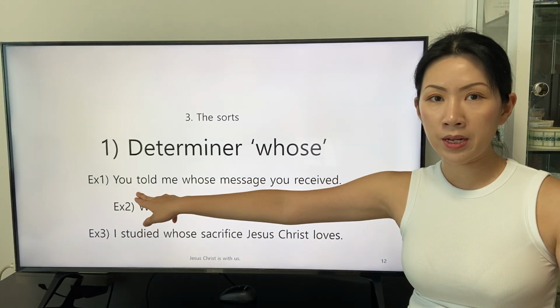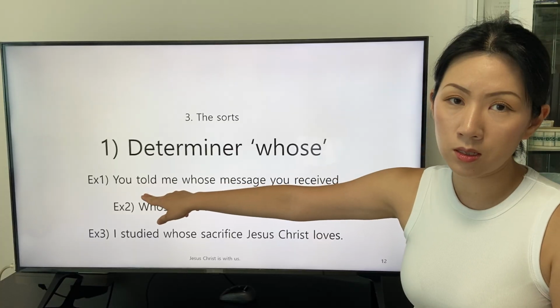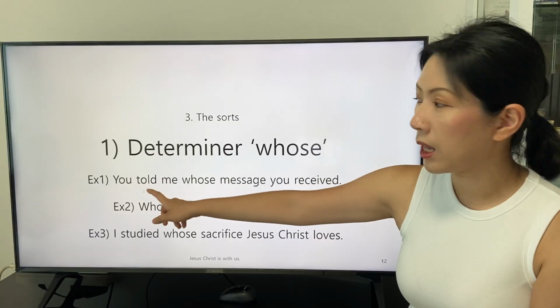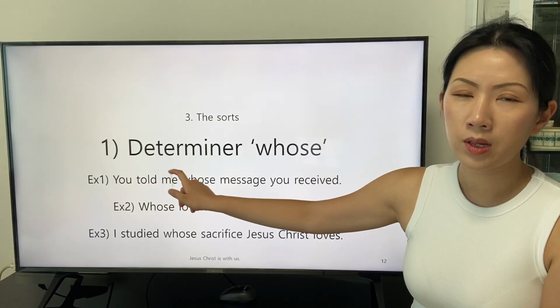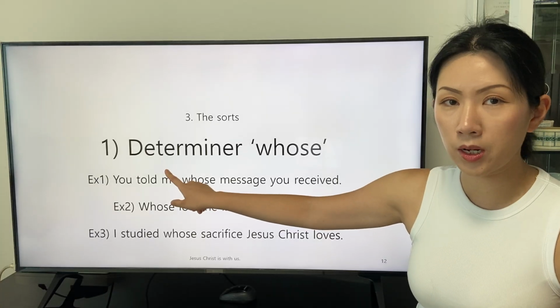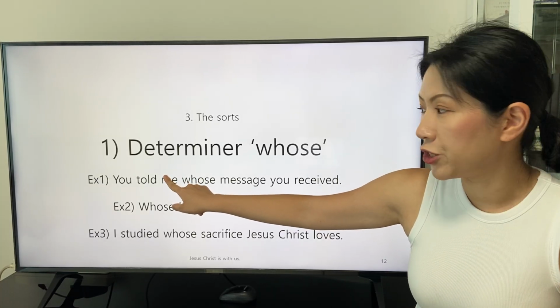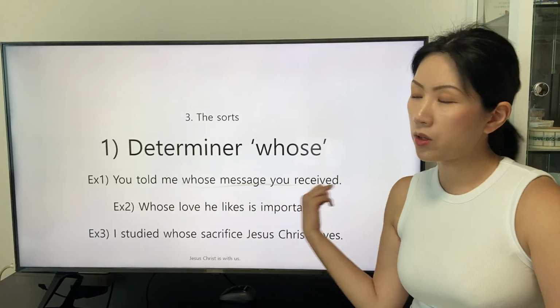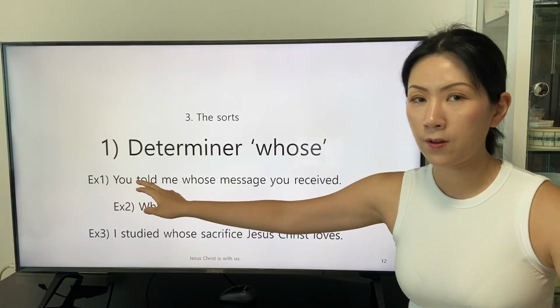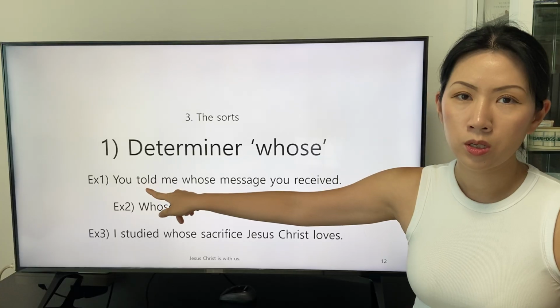The verb of the main clause is told, and the speaker is the indirect object as the ultimate destination to receive the direct object and the definition of the transitive verb told.